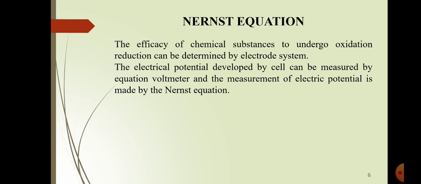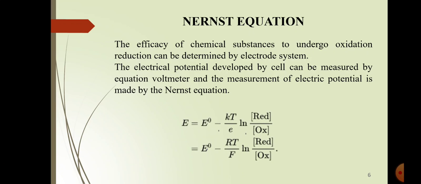The electrical potential developed by the cell can be measured by a voltmeter, and the measurement of electric potential is made by the Nernst equation, which is as below.